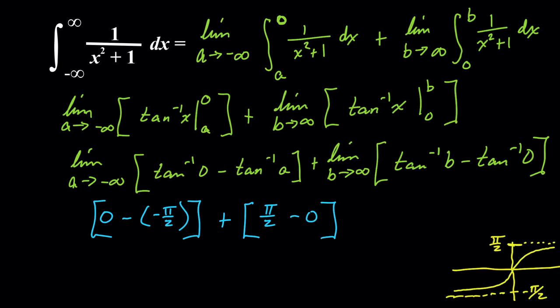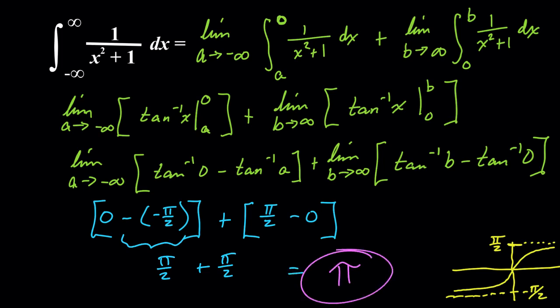So this value and this value will always cancel out when we're adding these two integrals together, and so it doesn't really matter what constant you put in there. All right, so now this comes out to pi over 2 plus pi over 2, which is equal to pi. That's what this area will converge to.